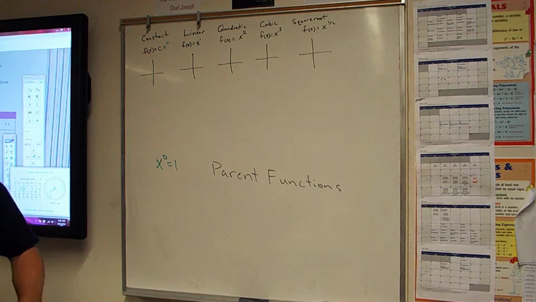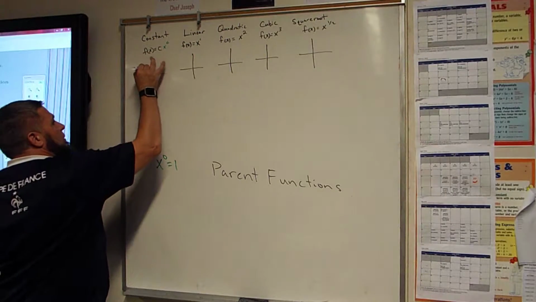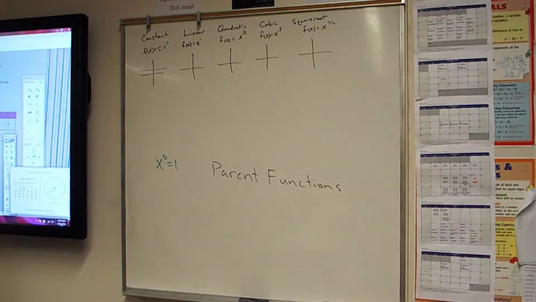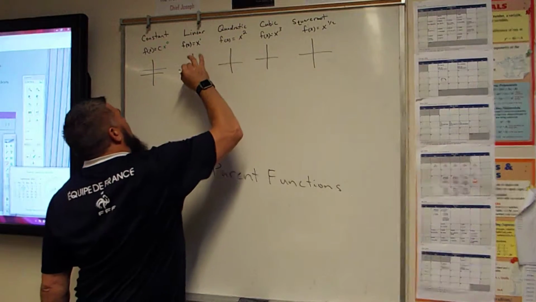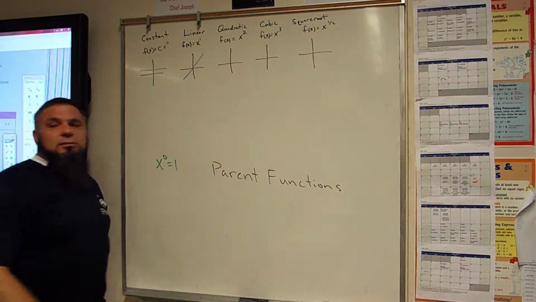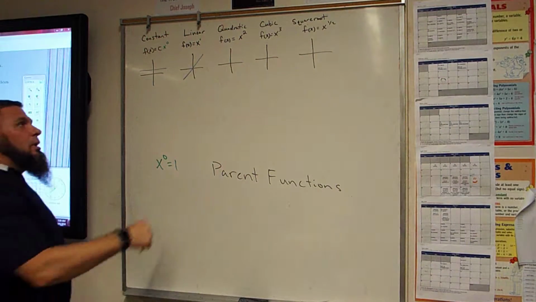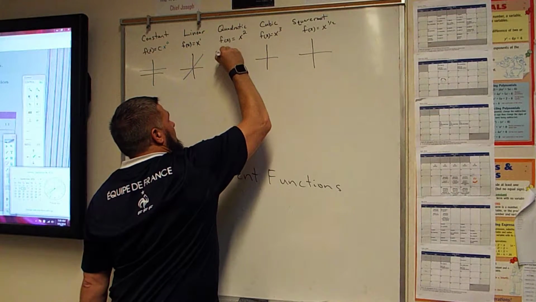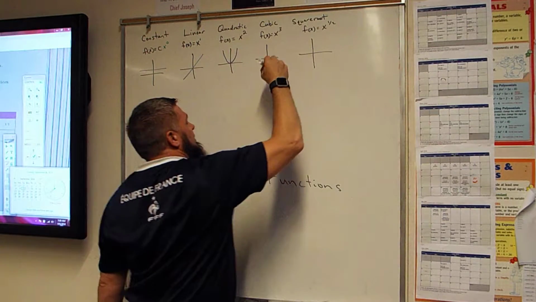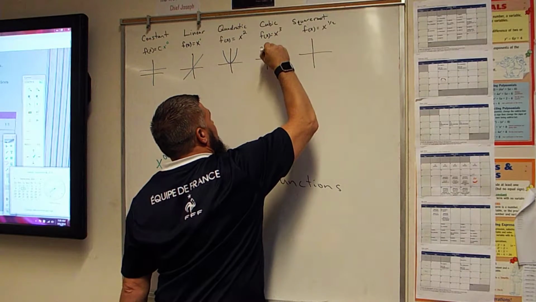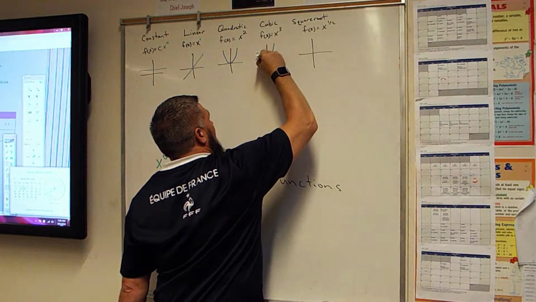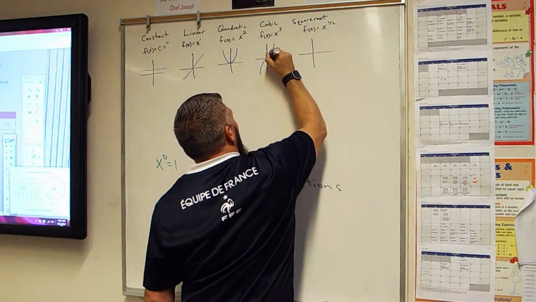The way that these graphs look, this is straight across. This one looks like this. This one looks like this. This one looks like this.